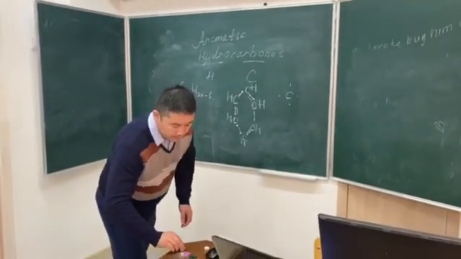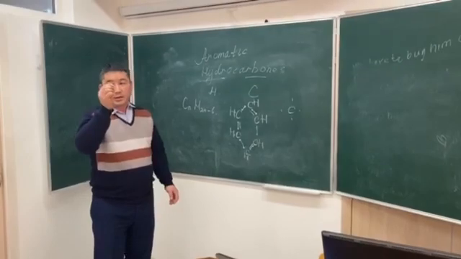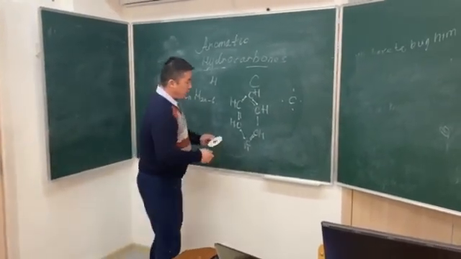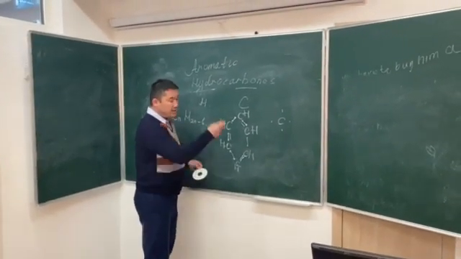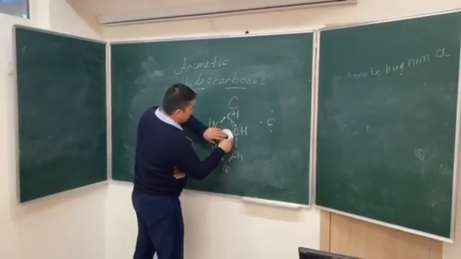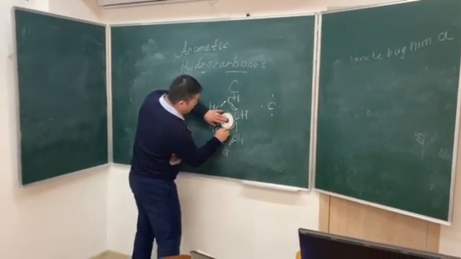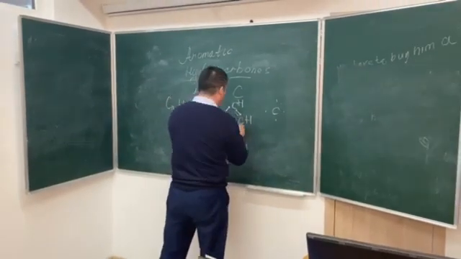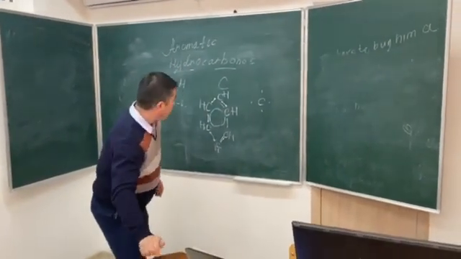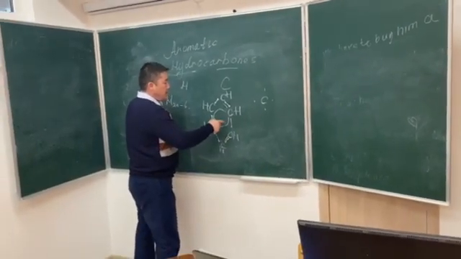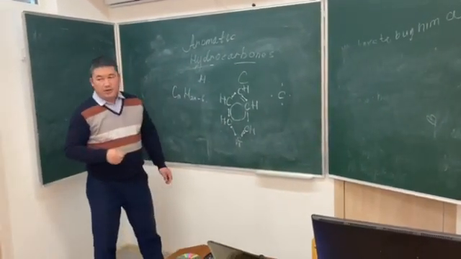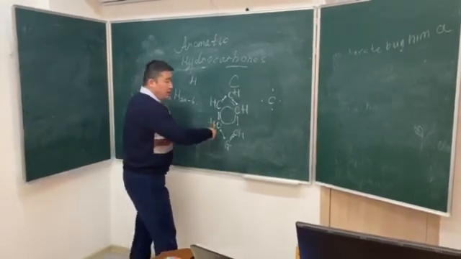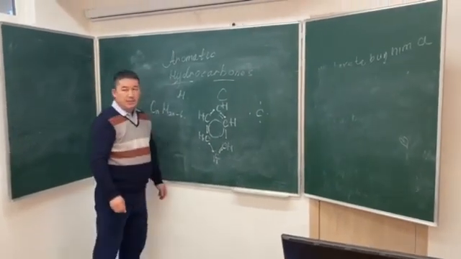Benzene, it's like a ring. So in this benzene, I also want to draw a circle. That's why, because this circle means electrostatic attraction. Shared electrons are stable.